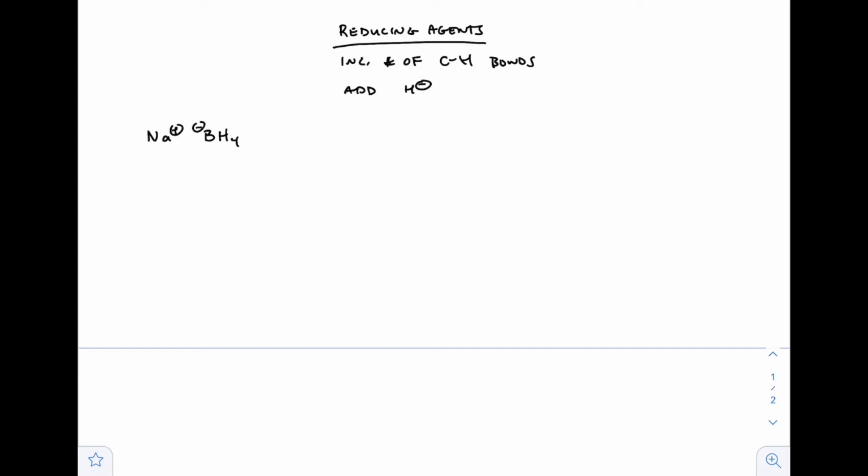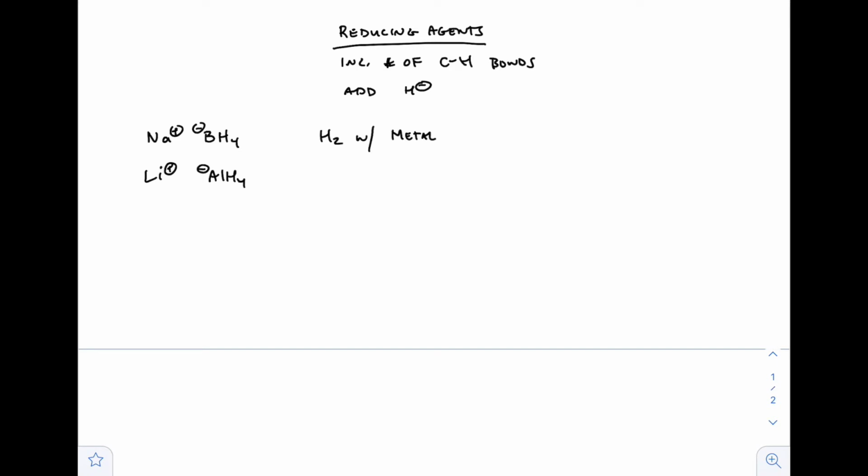And we've seen hydrides before, so that hydroboration reaction, and that's almost what we're going to use here. We're going to use sodium borohydride, which is NaBH4, and then lithium aluminum hydride, which is LiAlH4. Okay, that's one way.